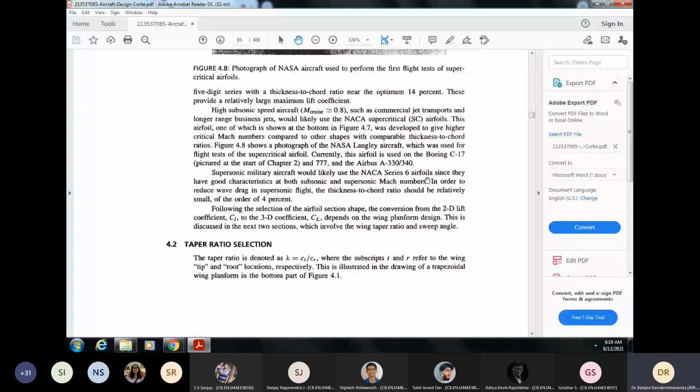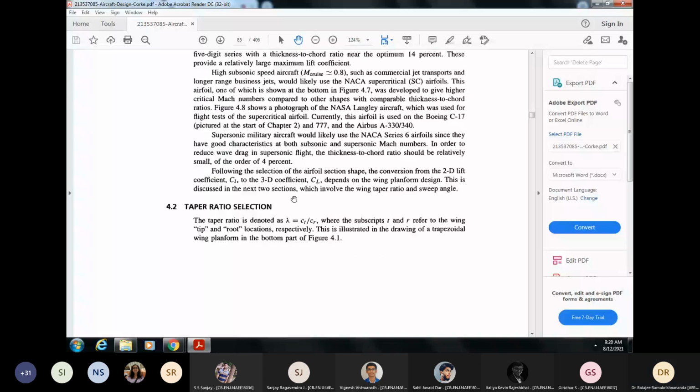So this is one point you may have to remember: the thickness should be relatively small for supersonic aircraft. For those who have both a subsonic cruise and a supersonic cruise, you decide which one is more critical or important for your mission, and then decide on the airfoil.